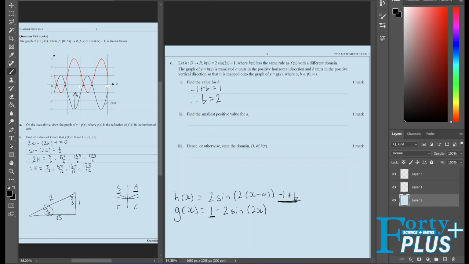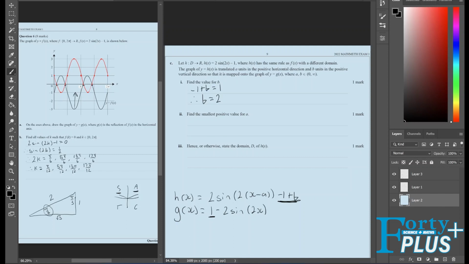So, part 2. They want us to find the smallest possible value for a. There's 2 ways to do this, similar to the last question. There's one way that we can do it mathematically. That's what we're going to do first, and then I'll show you how we can recognize that on the graph.